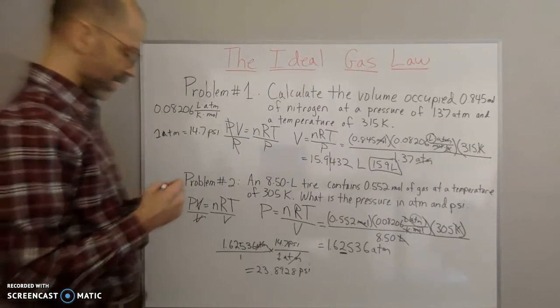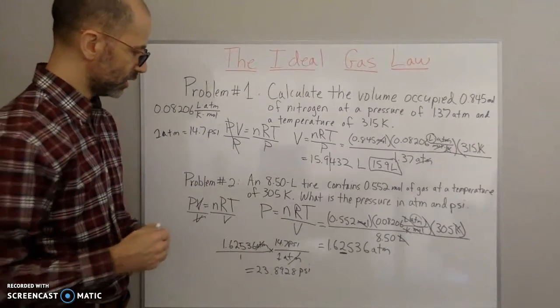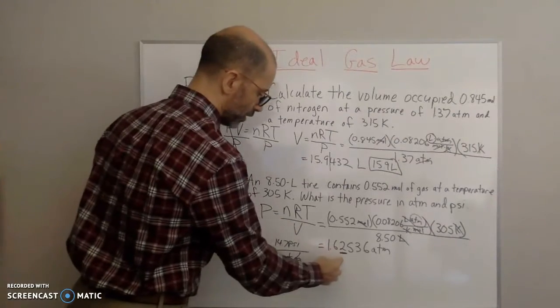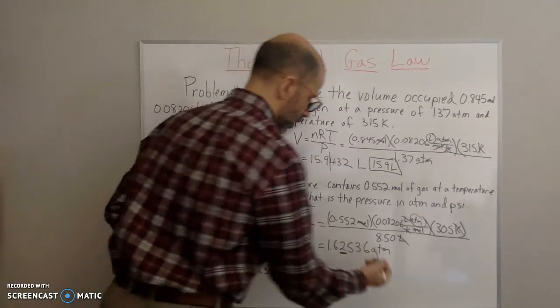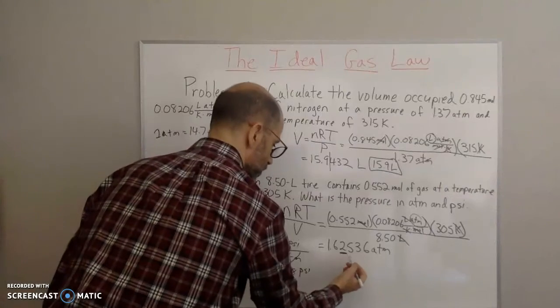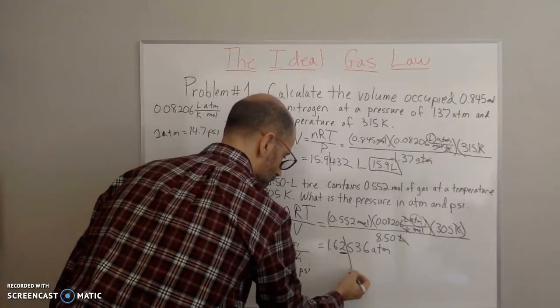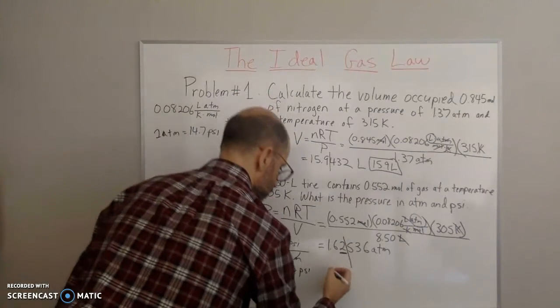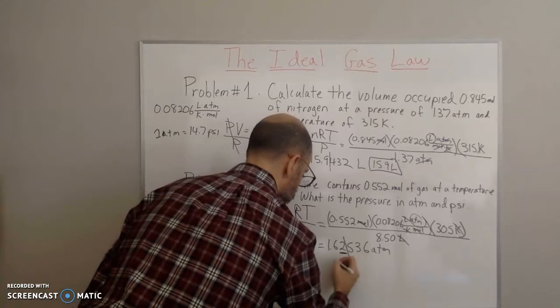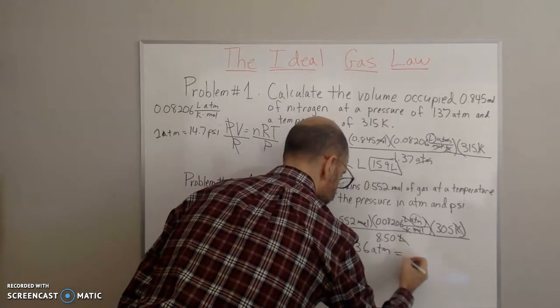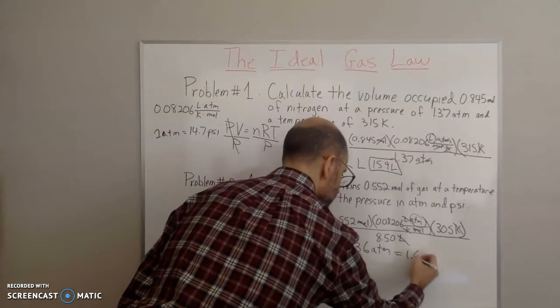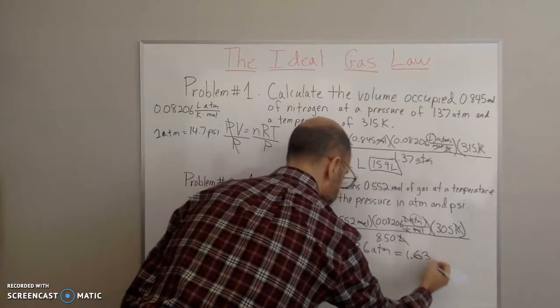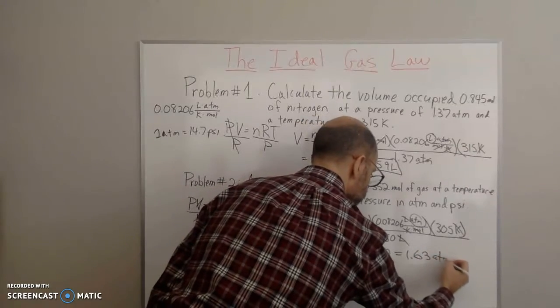Okay, so now I have to figure out my sig figs. So I already figured it out here. This is 3. So my final answer in atmospheres, since I'm going to cut it off here, that's a 5, so this is finally going to be 1.63 atmospheres.